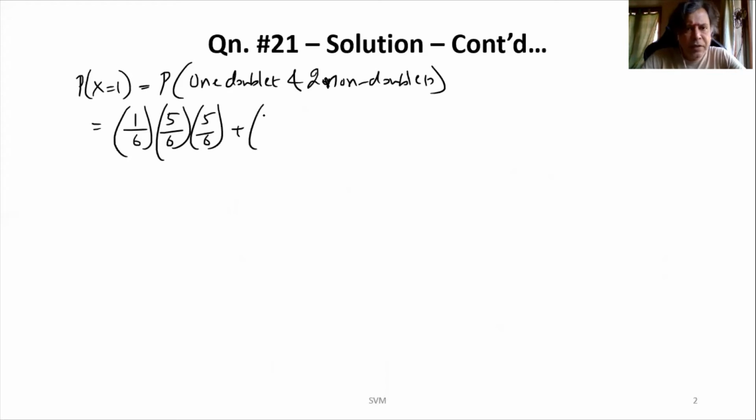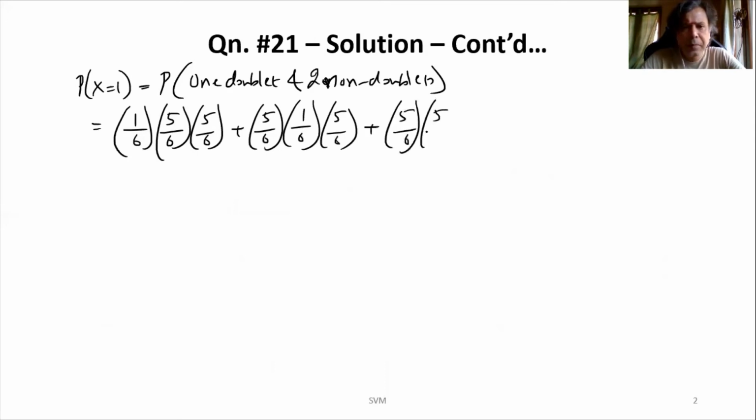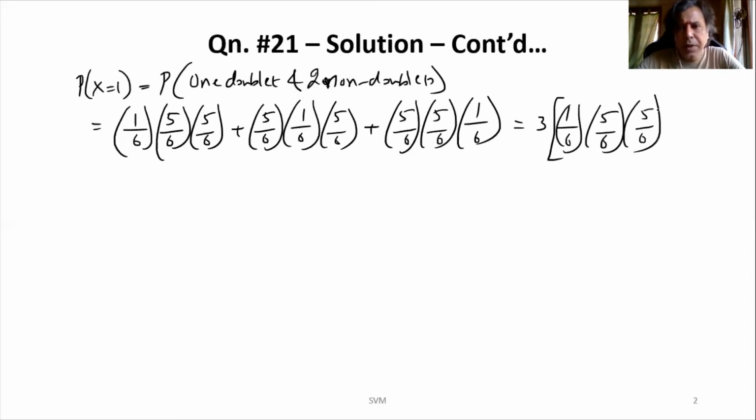Then first throw, I may not, second, I may, third, I may not. Then first 2, I may not, last, I may. So these are the various possibilities. That means I can straight away write 3 times 1 by 6, 5 by 6, 5 by 6. If we calculate this, 25 into 3 is 75, so 75 by 216. That will be the probability of this.